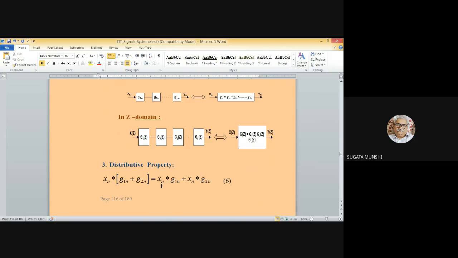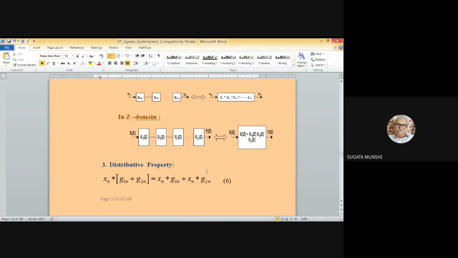So the same sequence xn is exciting two different DT-LTI systems, and ultimately the outputs of the two DT-LTI systems are added to generate the right hand side. So what type of a combination is this one? Two DT-LTI systems in parallel.